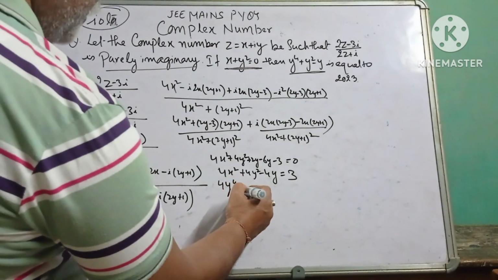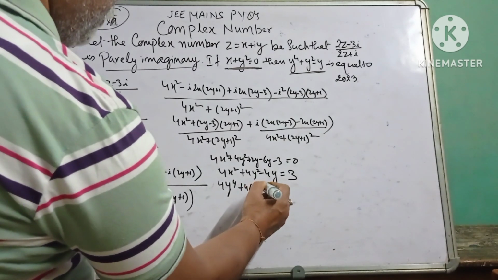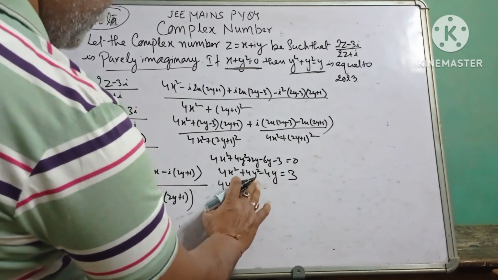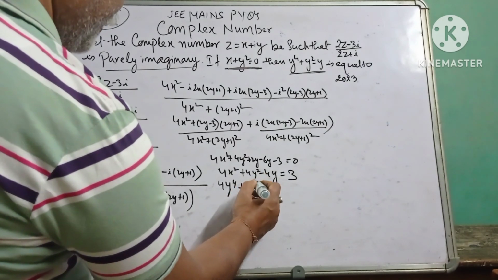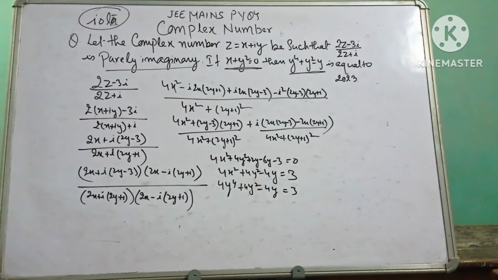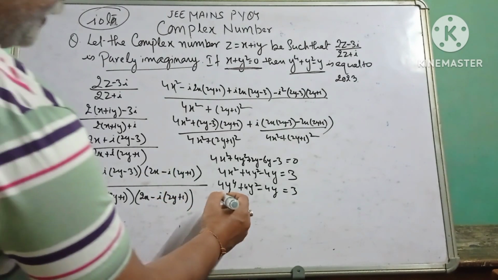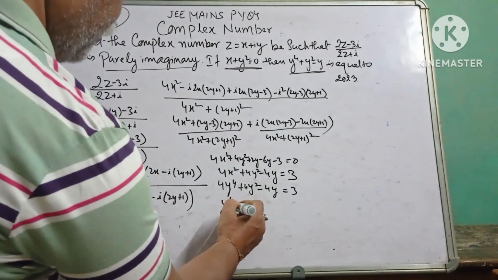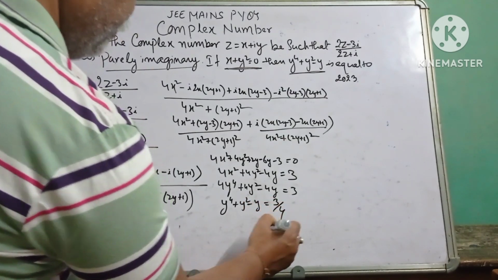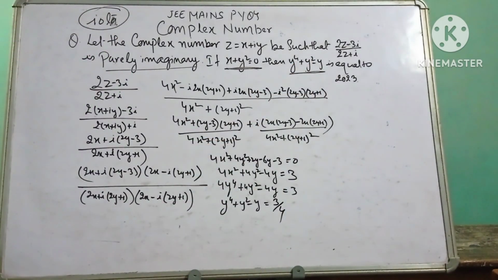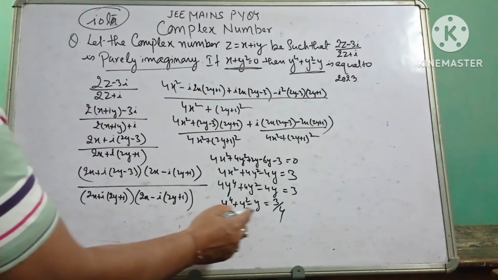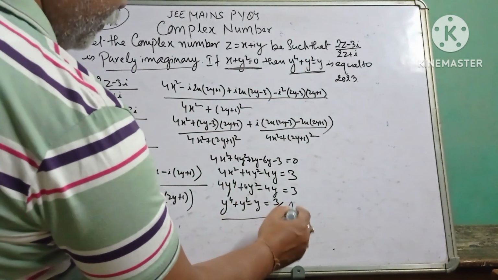And here again plus 4y square minus 4y is equal to 3. You take out the 4 common, so here y to the power of 4 plus y square minus y is equal to 3 by 4. So you have to find y to the power of 4 plus y square minus y. So here this is your answer.